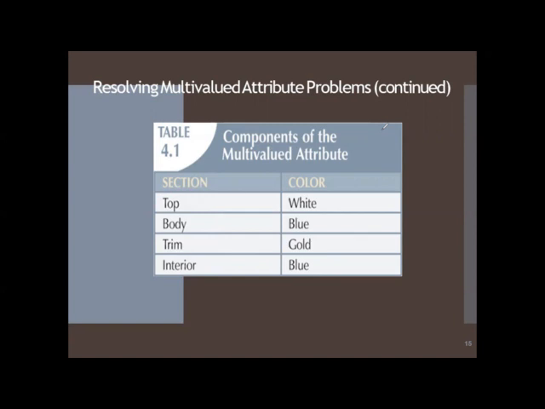Top color is white, body color is blue, trim color is gold, and the interior is blue. So the sections may have different colors. That's what we call a multi-valued attribute.